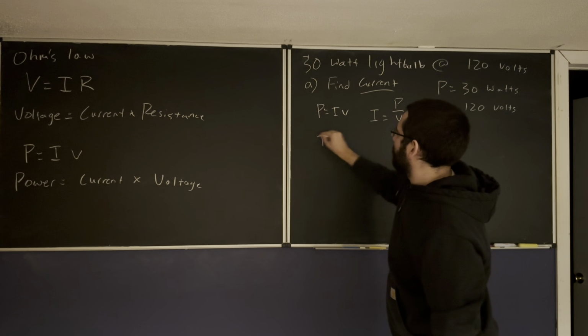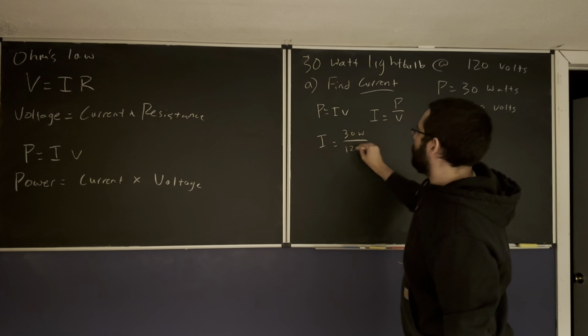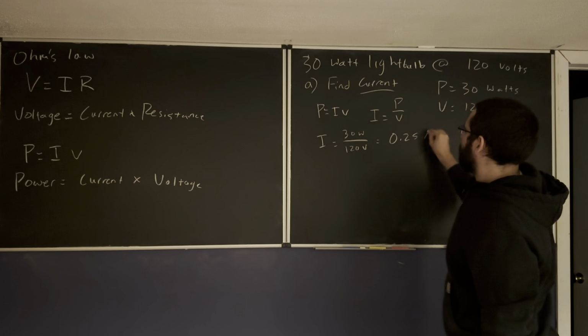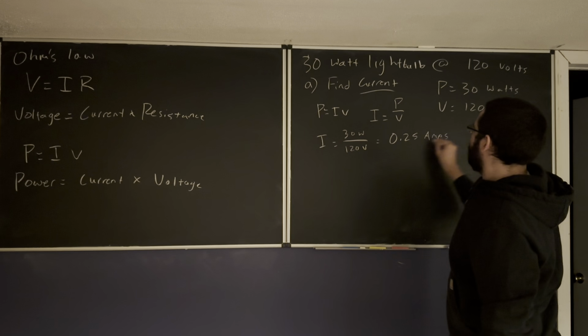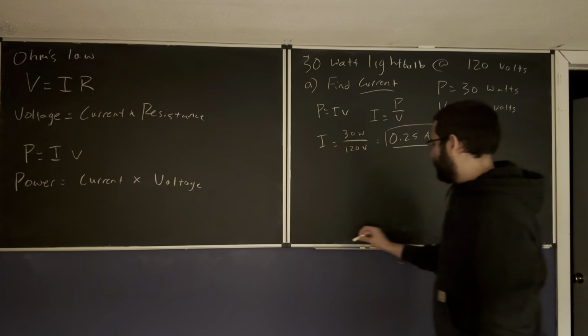And then you just solve for I, right? So I have 30 watts divided by 120 volts, and I end up with 0.25 amps. Okay, 0.25 amps. That's the current going through the light bulb.